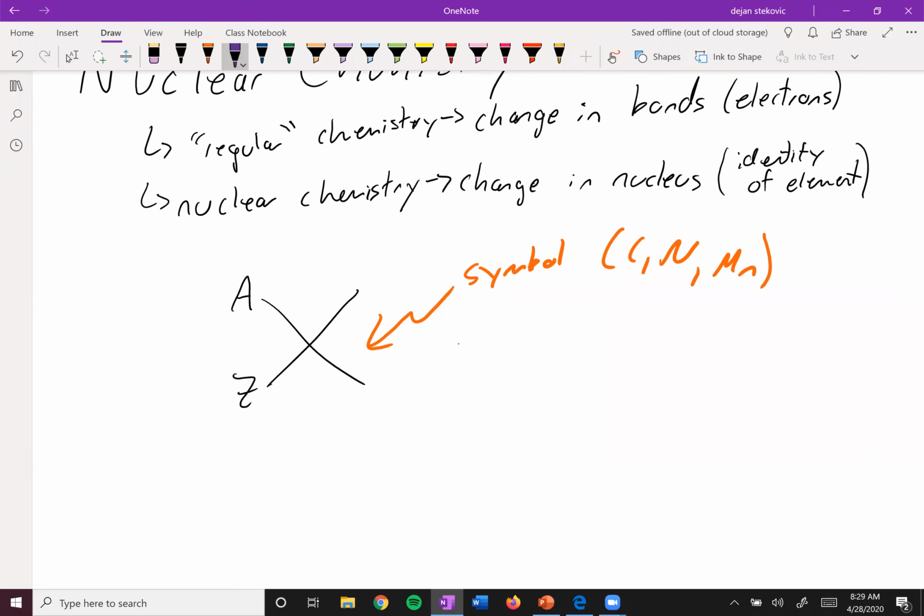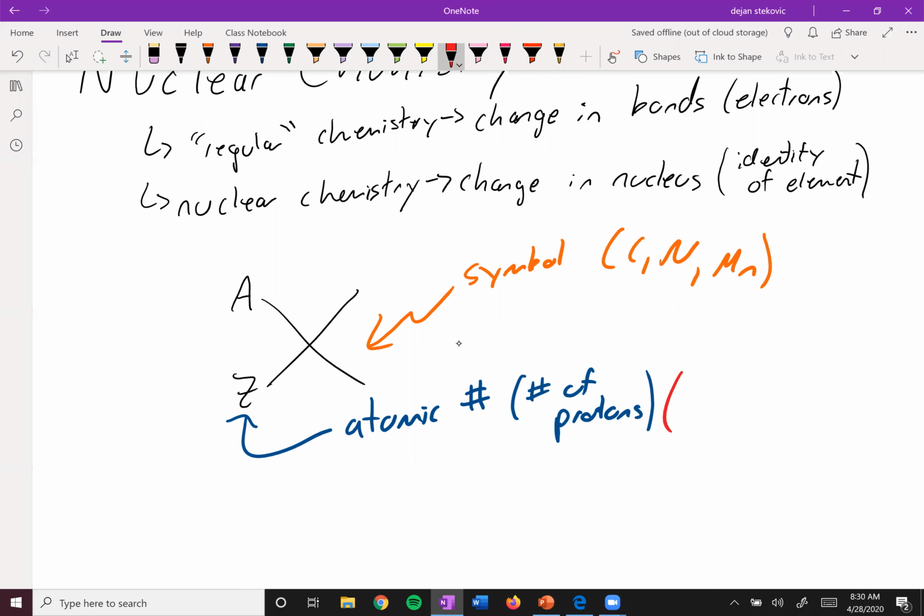And then remember, what determines the identity of the element is the number of protons, and the number of protons is this bottom left number, also known as the atomic number. Hydrogen always has one proton, helium always has two, and so on and so forth.